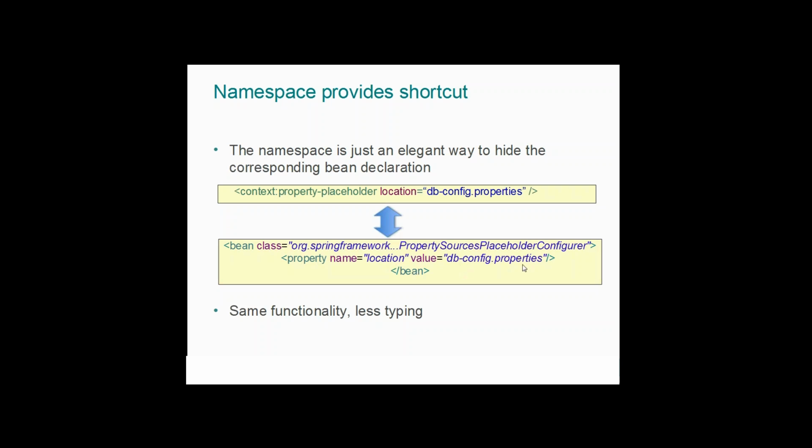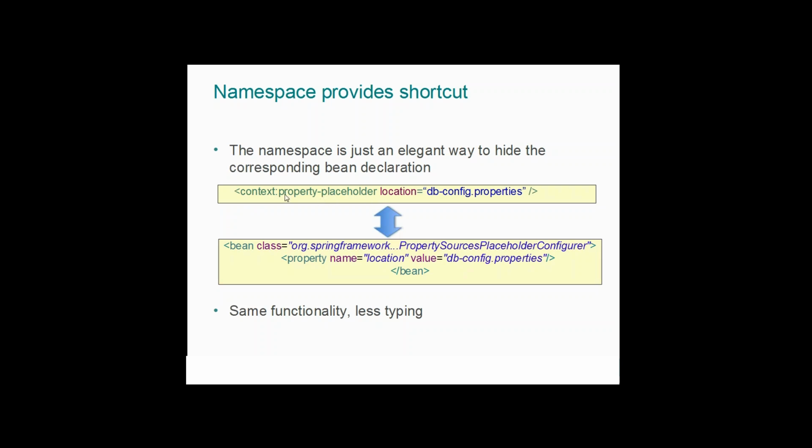To simplify this and make it very elegant, so that I don't need to know all those details, Spring has provided the context namespace. I just need to add this namespace, and inside it there are several tags. One of the tags is property-placeholder.